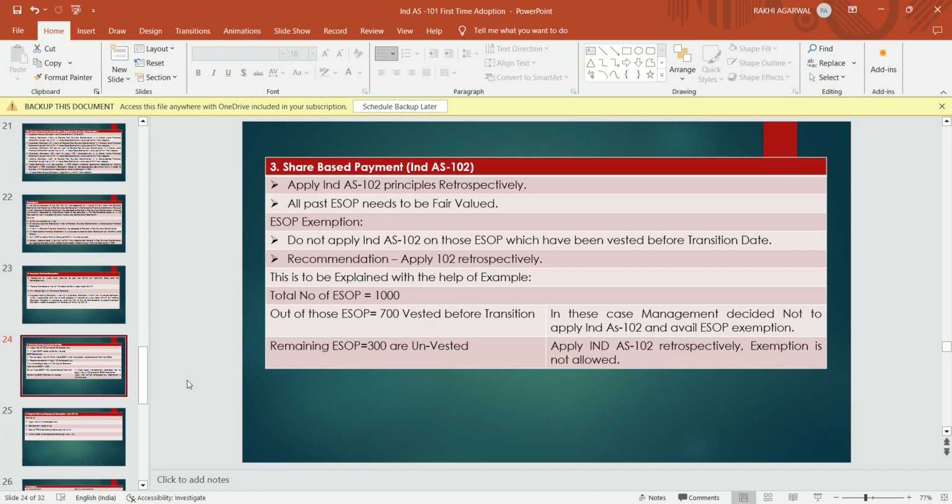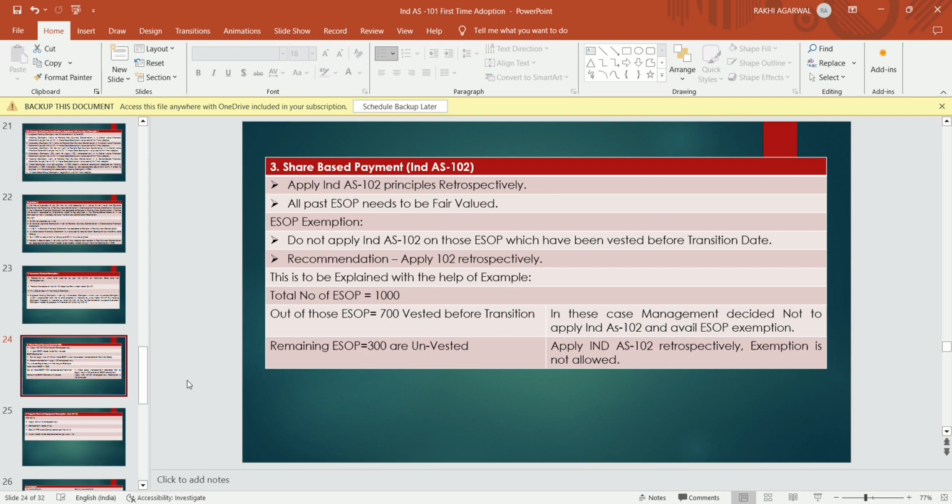Now this exemption is explained with the help of an example. Suppose the total number of ESOPs is 1000. Out of those 1000, 700 are vested ESOPs before transition, and the remaining 300 vest after the transition date. Out of the 700, management decided not to apply Ind AS 102 and to avail the ESOP exemption.